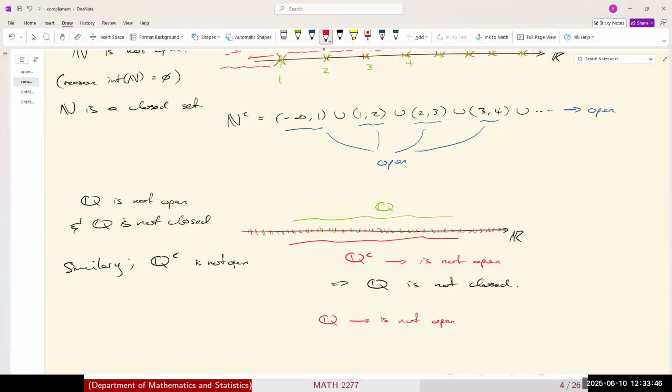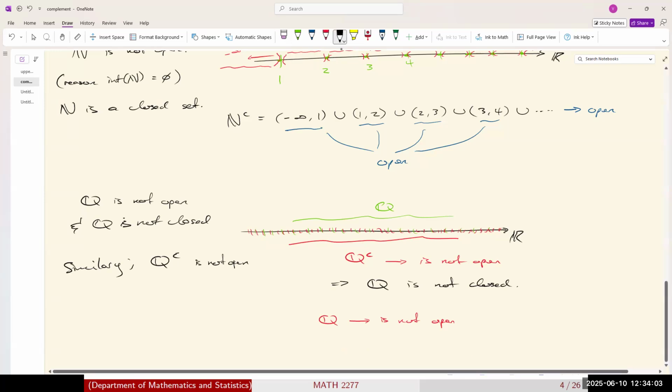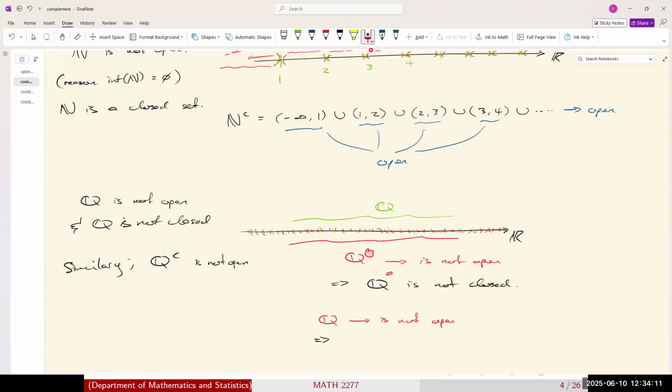So if Q is not open, then its complement is not closed. If a set is not open, the complement is not closed. Right? So same thing as before, except I'm moving the complement from this guy to this guy.